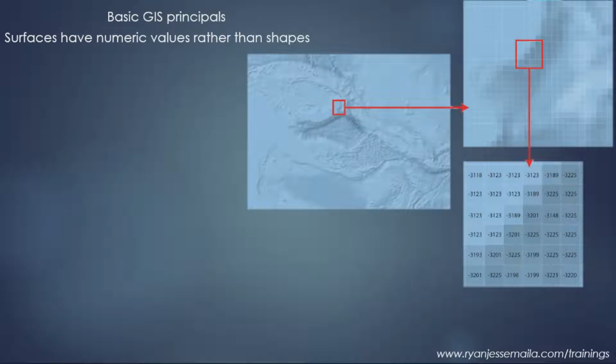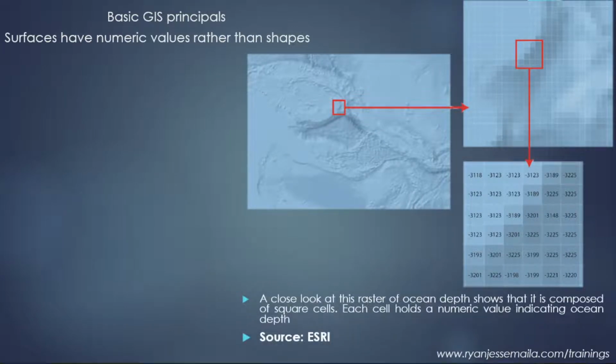So here is a map of raster data. A close look at this raster of ocean shows that it is composed of square cells. Each cell holds a numeric value indicating ocean depth. Graphic designers will easily understand this. So here is a map, which is raster in a picture format.